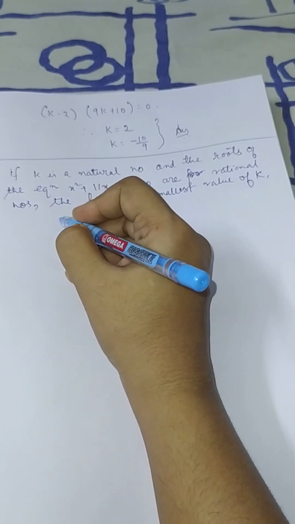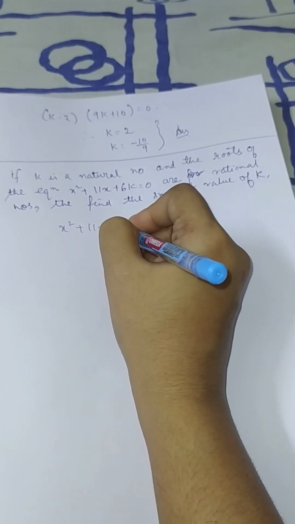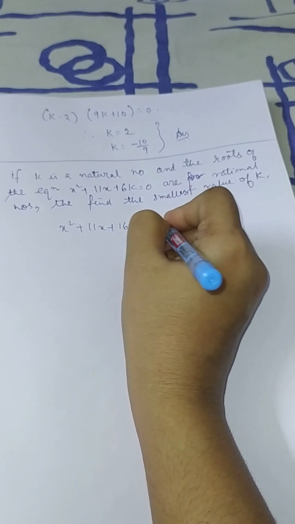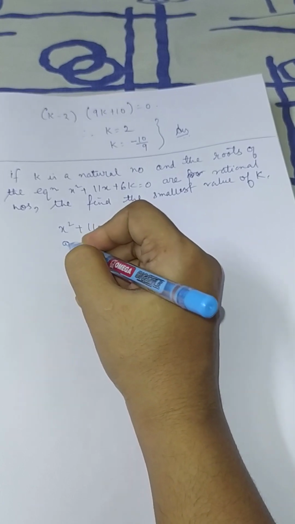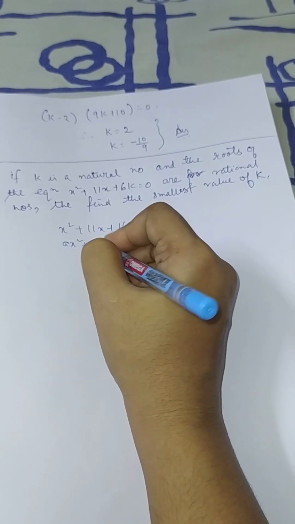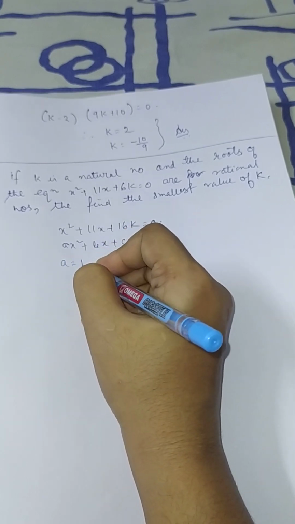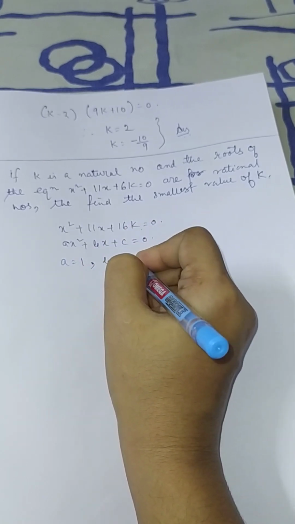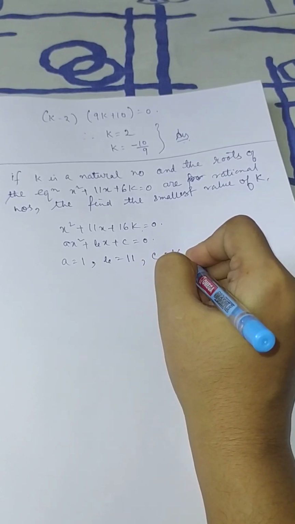Okay, so let's start by writing this equation, x square plus 11x plus 6k is equals to 0. Now if we compare this equation with the format of quadratic equation again, it will be like this: a equals to 1, b equals to 11, and c is equals to 6k.